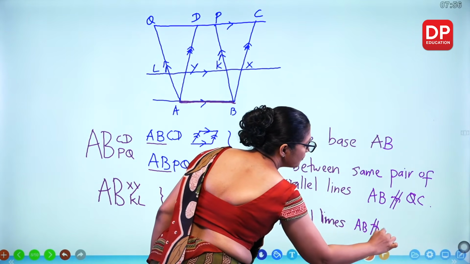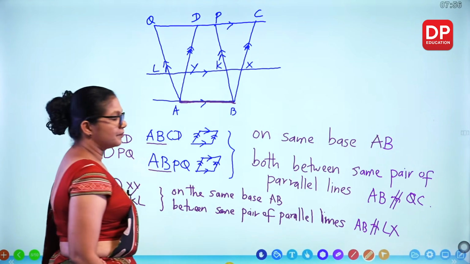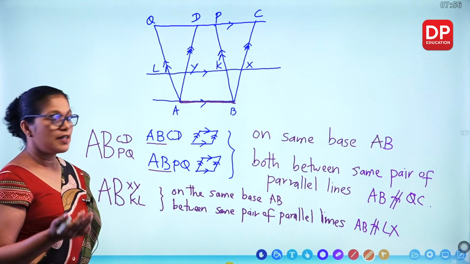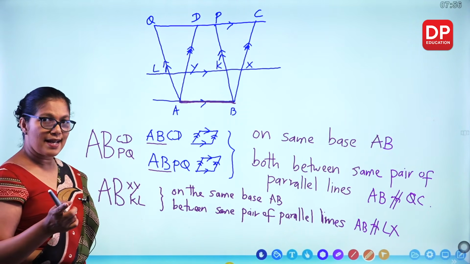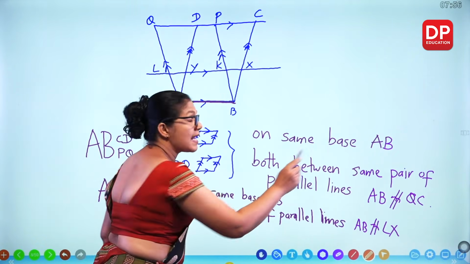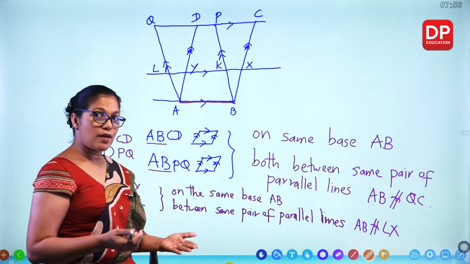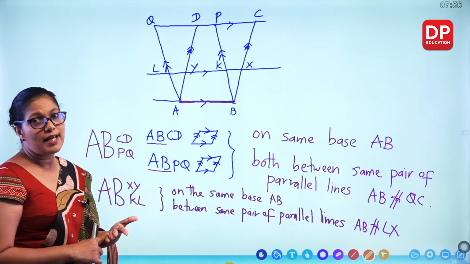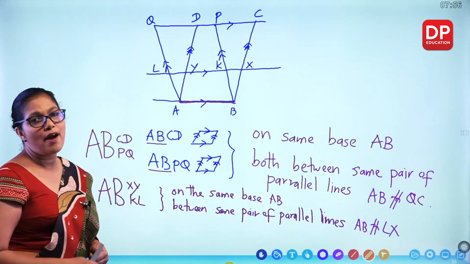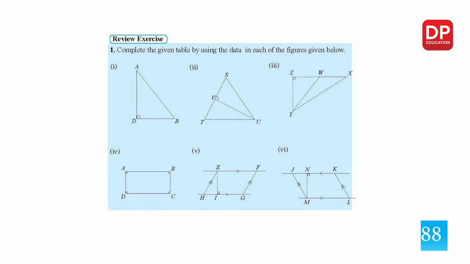So when you get different diagrams, you should be able to understand how we can figure out the same base and check whether the two parallelograms are in the same pair of parallel lines.